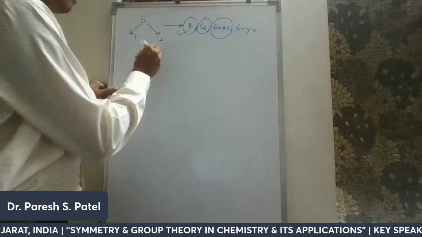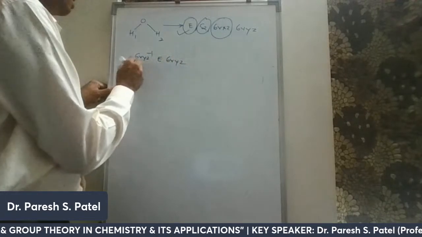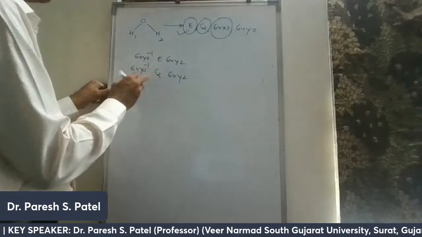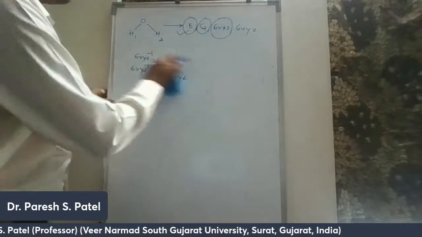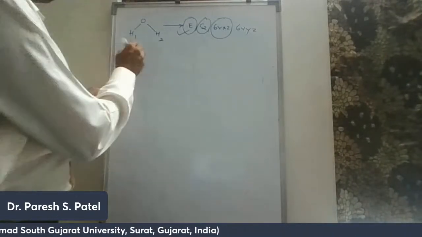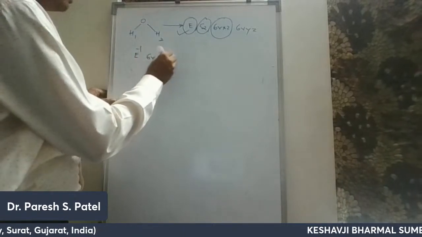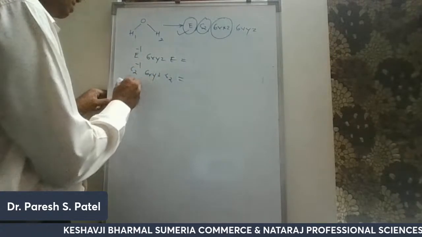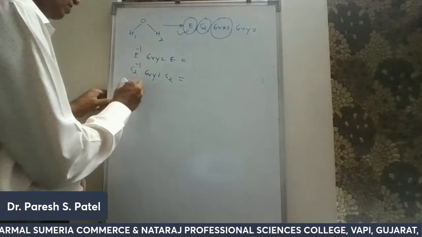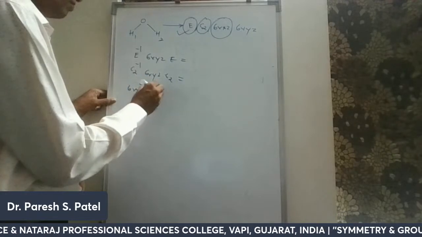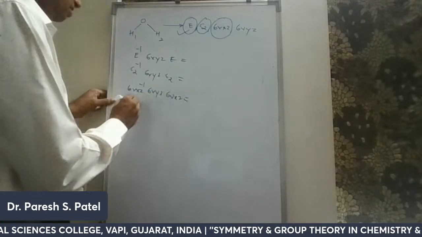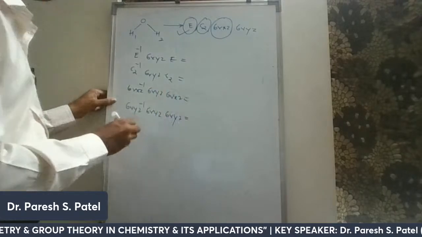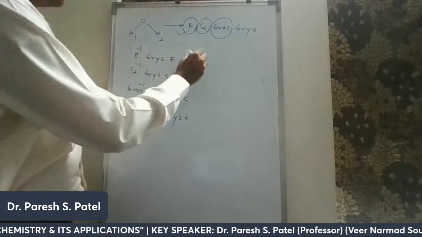Sigma V YZ inverse E sigma V YZ. Sigma V YZ inverse C2 sigma V YZ. So operating sigma V YZ.